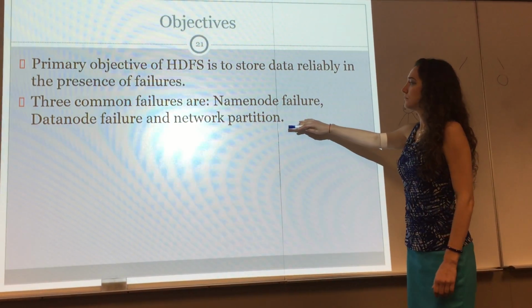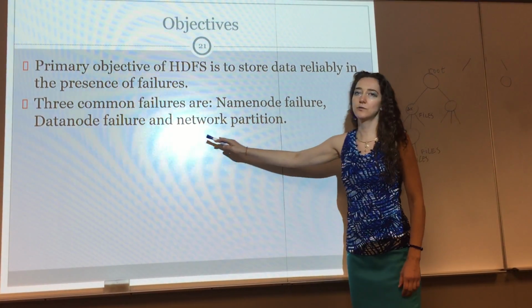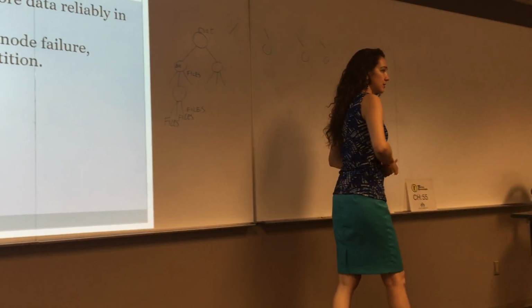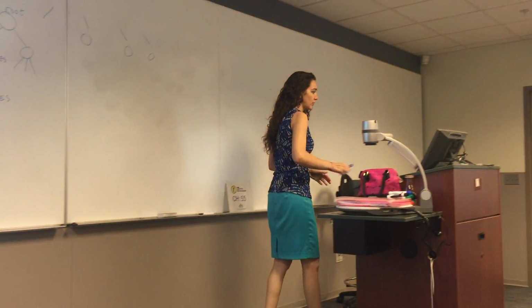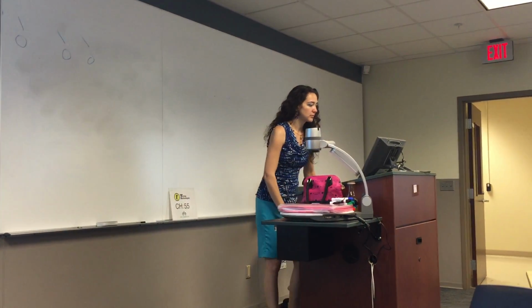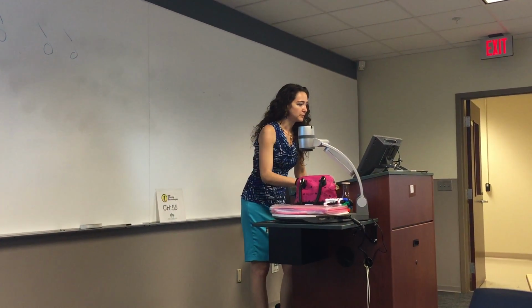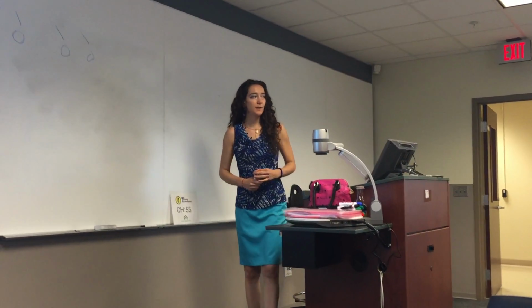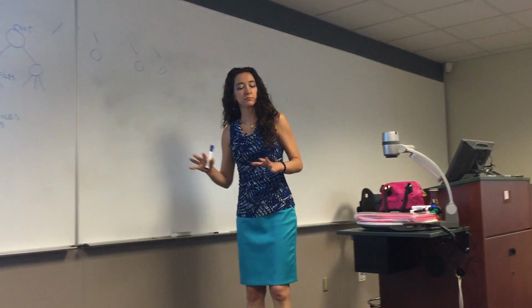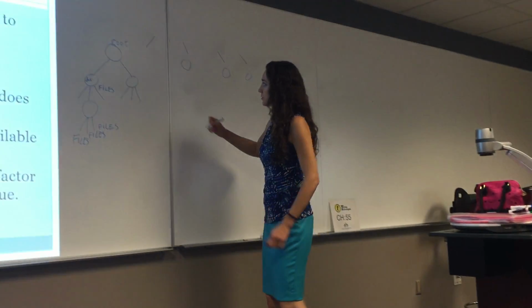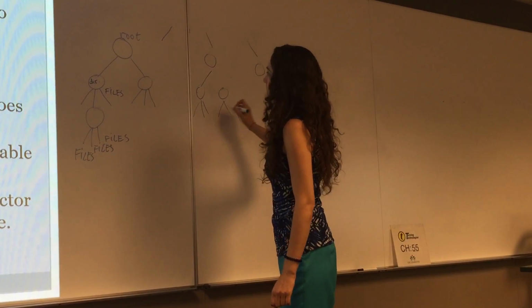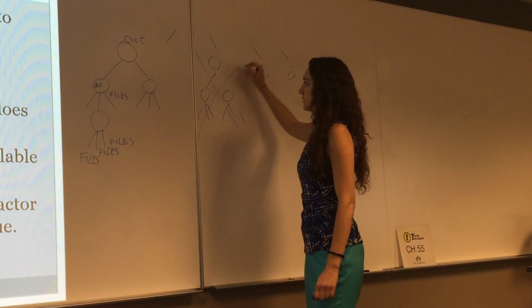And then we can have a part of the network become disconnected from the rest of the cluster. If that happens, that entire part of the cluster is no longer connected to the rest of the cluster.